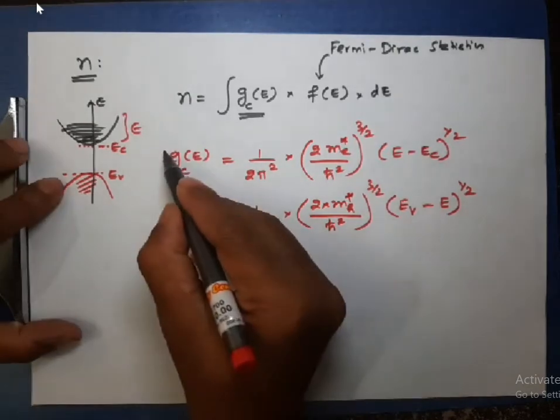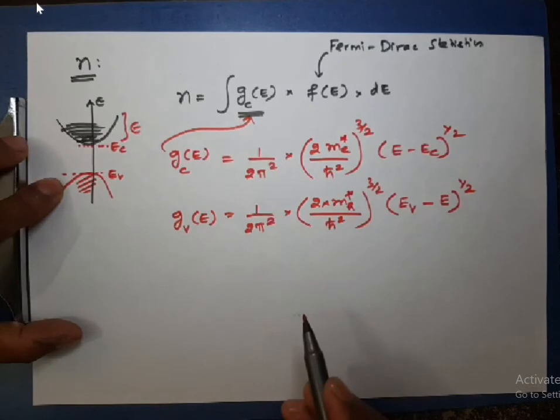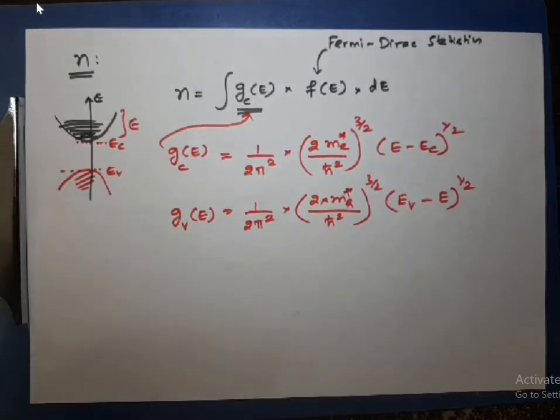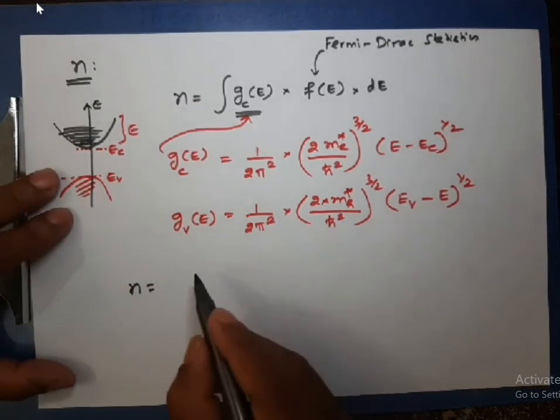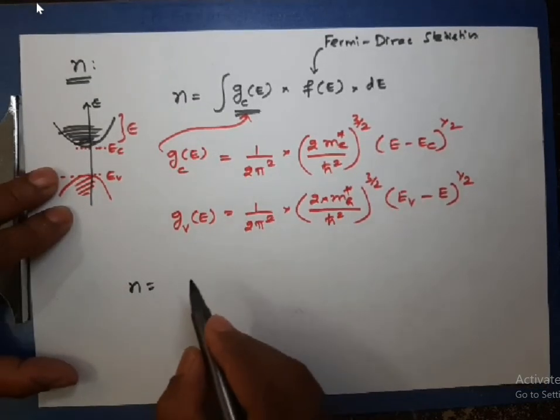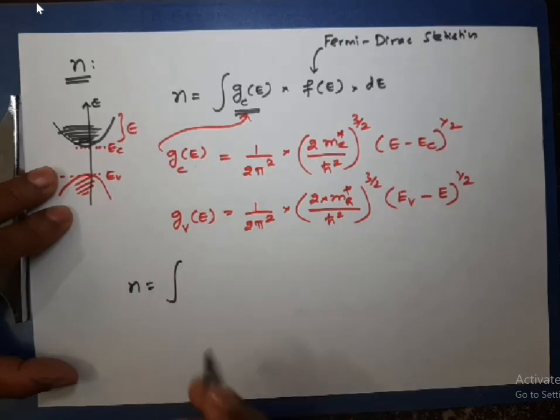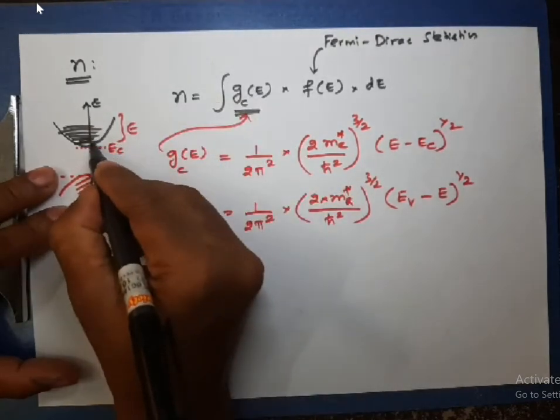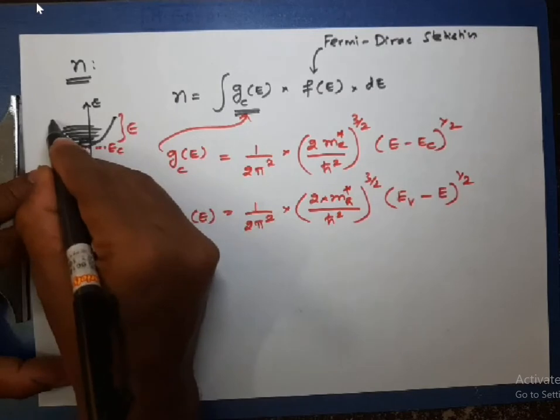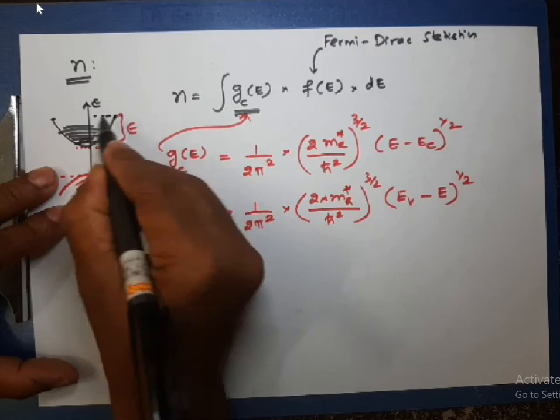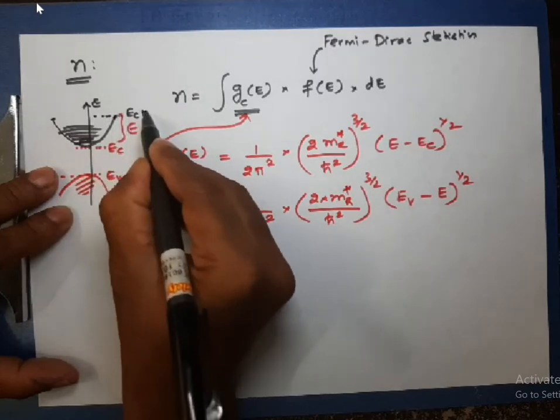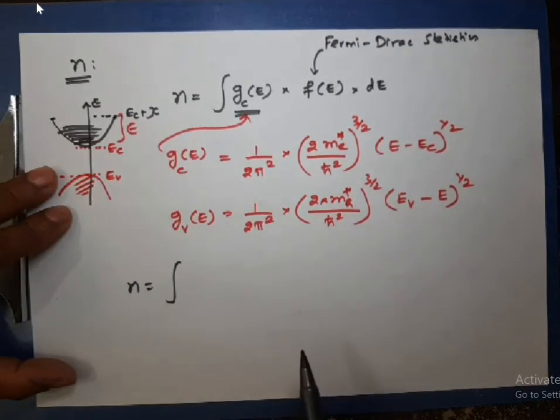Now I'll substitute this here, and we'll see how to find this value. N is equal to the density of states in the conduction band, integral. Actually, in the last class I told you that the top of this band value is EC plus chi, where chi is the electron affinity.